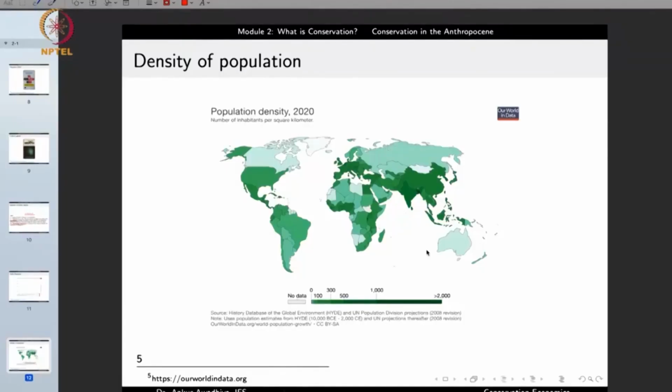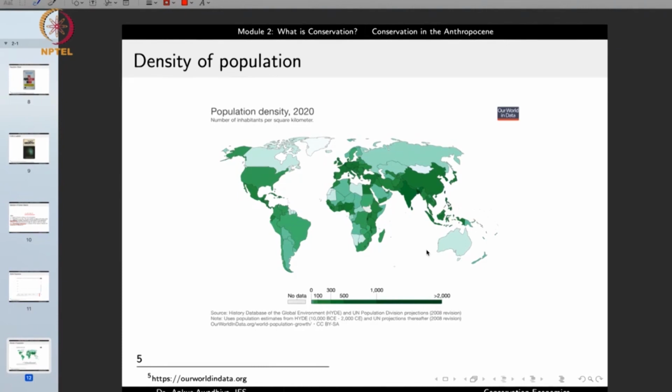With a need for more agriculture, we need more land, because of which we are cutting more and more of the forest. We want to provide affluence to all these people, because of which we require more and more resources, because of which again we are cutting down a number of forests, and we are using those areas for things like mining. So any area that will have more population will also have more impact.